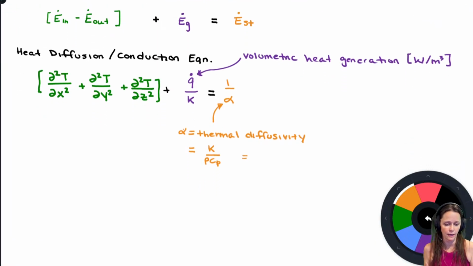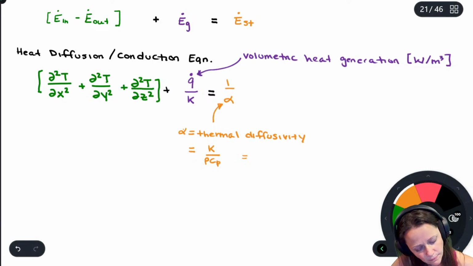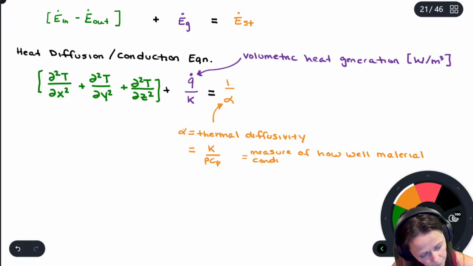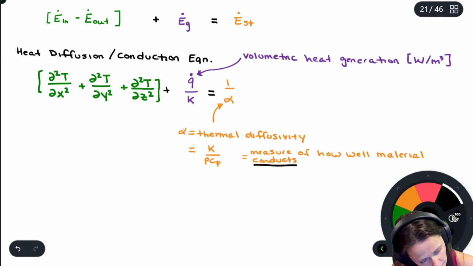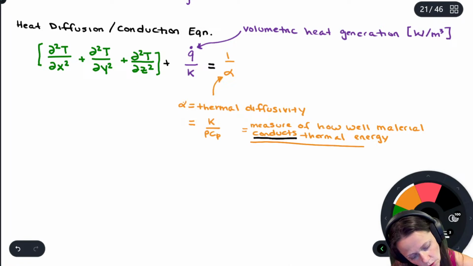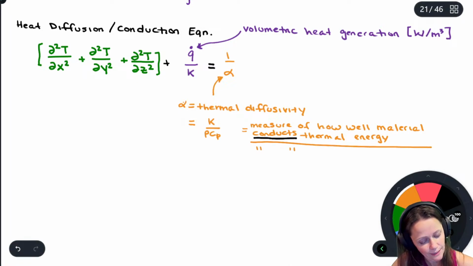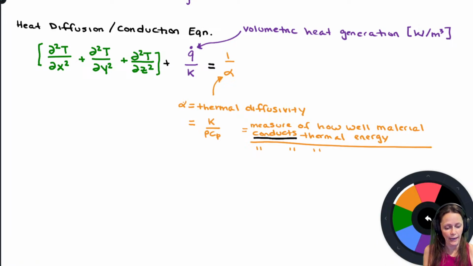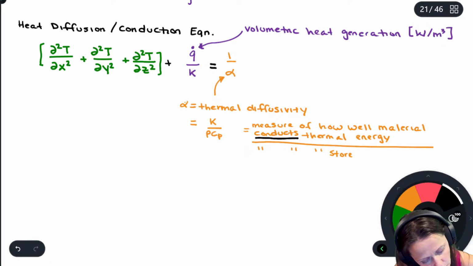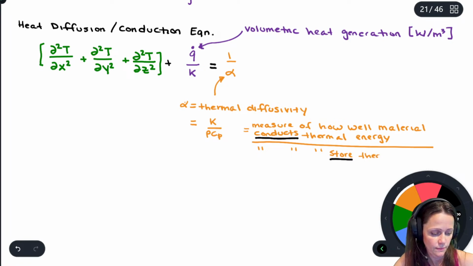If you think about what that number really means, it's a measure of how well a material conducts thermal energy over a measure of how well that material is able to store thermal energy.